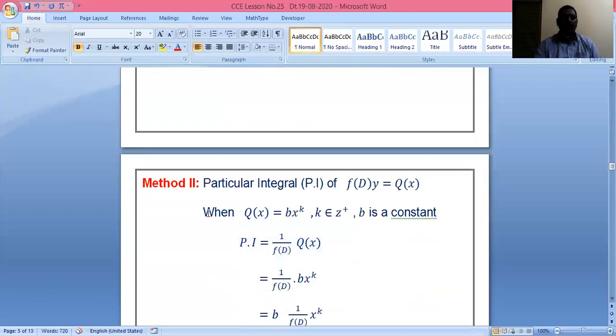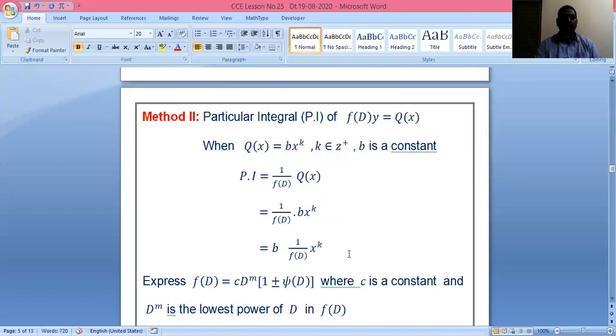Now, method 2. Particular integral PI of f(D) y is equal to Q(x), when Q(x) is equal to b into x to the power of k, where k belongs to Z plus, and b is a constant. We know the formula for particular integral, that is PI is equal to 1 by f(D) into Q(x).